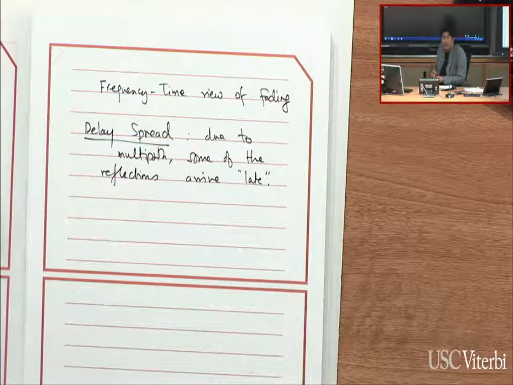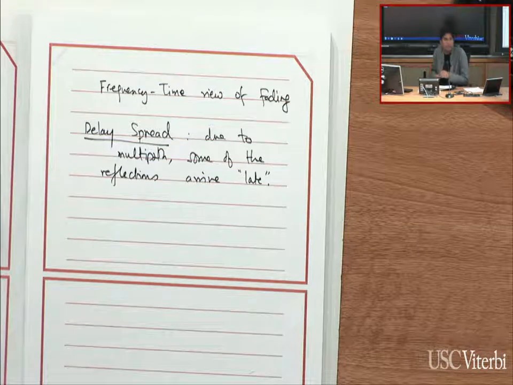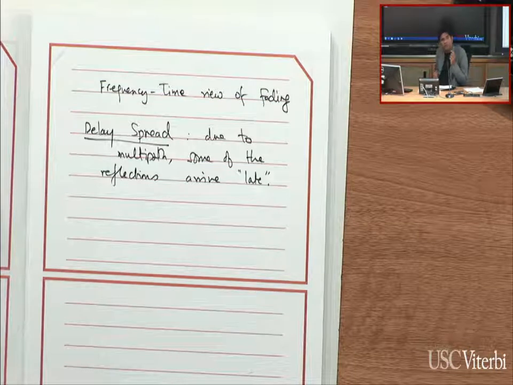And this turns out to be a problem when you're trying to send data at a very high throughput. So if you want to send megabits per second, tens or hundreds of megabits per second, what can happen is that while you're sending the next bit, there are reflected versions of that first bit that are still working their way through the environment and reaching the receiver.